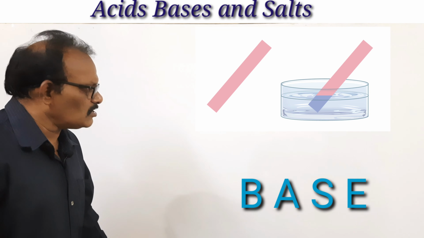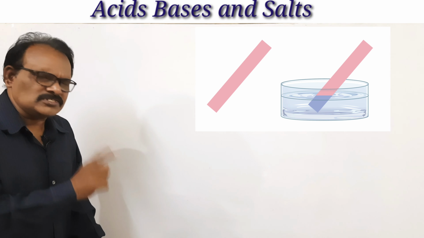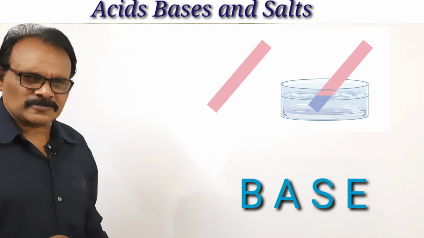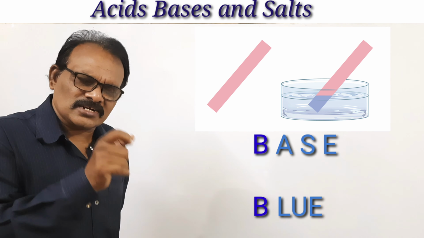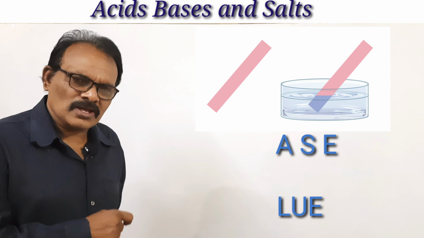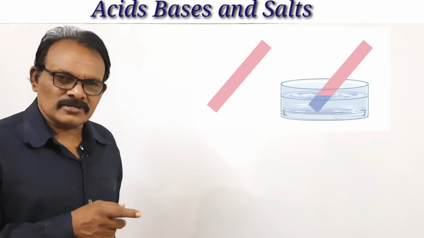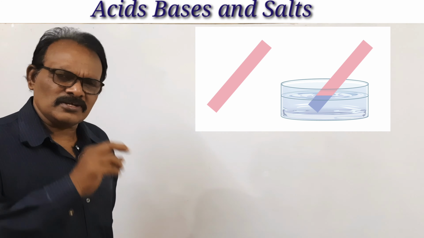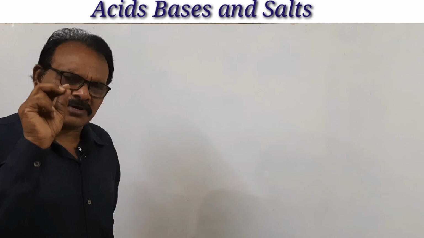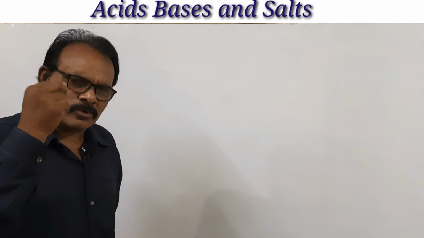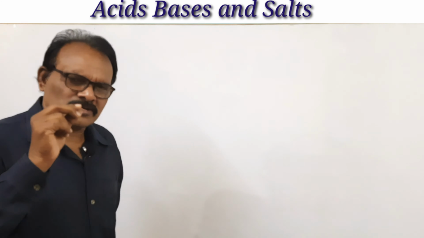Just vice versa, if a red litmus turns into blue, that is base. The first letter of base is B and the first letter of blue is B. So B, B. These are the small tricks by which you can memorize whether the substance is acid or base.